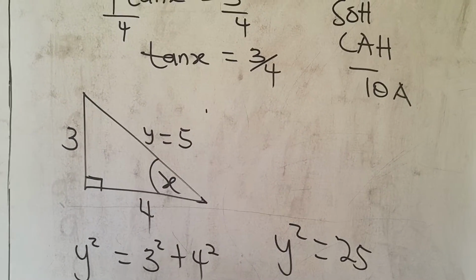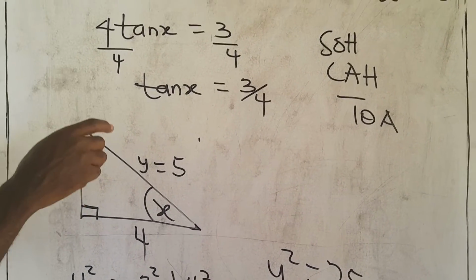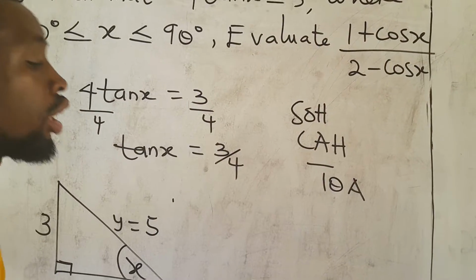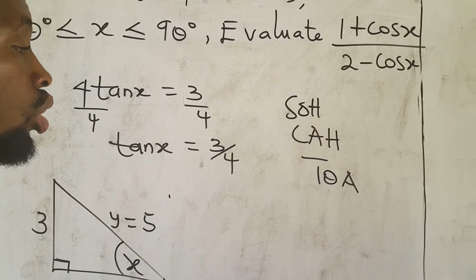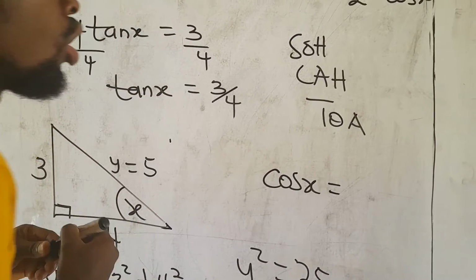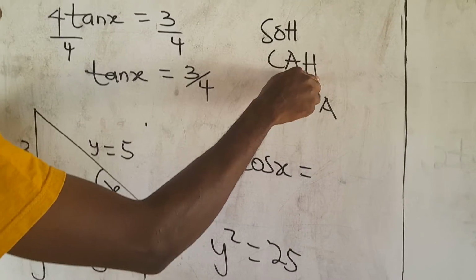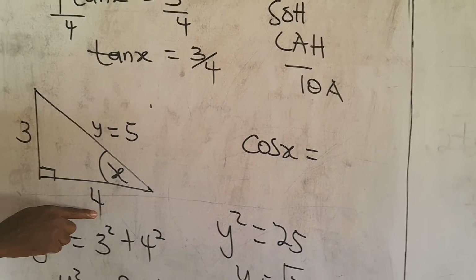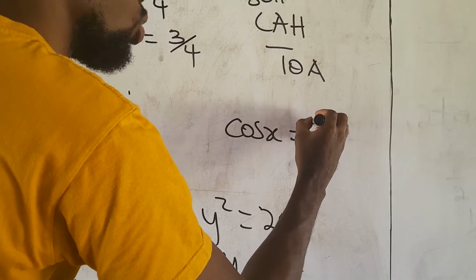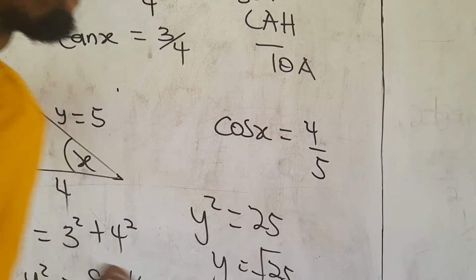Then we can find our sine, or we can find cos. Since there is no sine in this expression, there is no need finding it. So we can find cos. So cos x, remember, cos is adjacent over hypotenuse. Our adjacent is 4, the hypotenuse is 5. Then cos x will be equal to 4 out of 5.